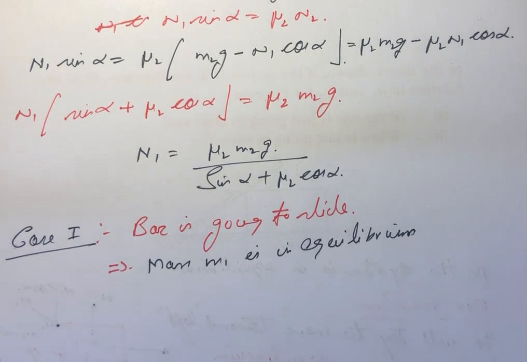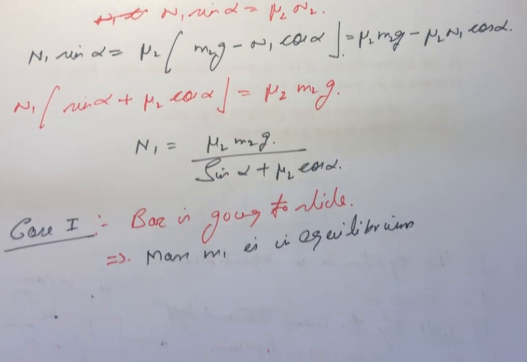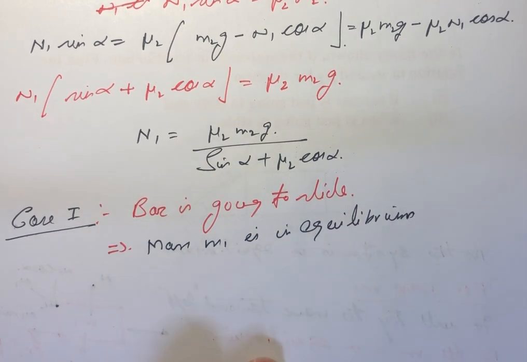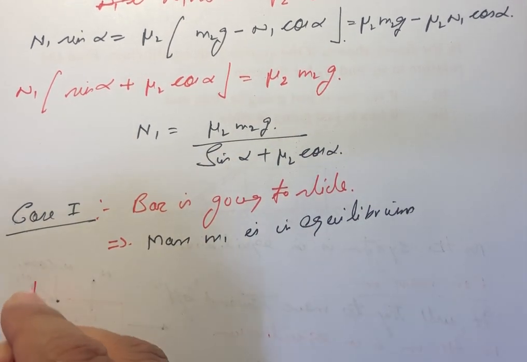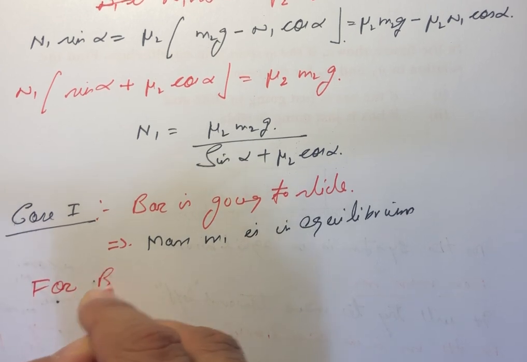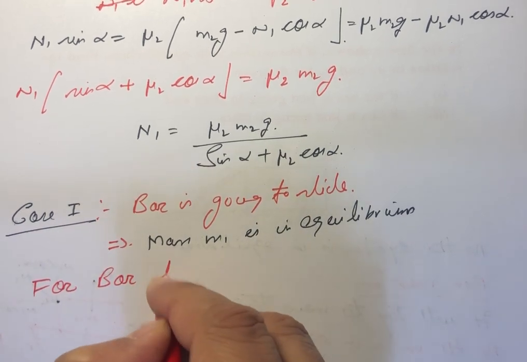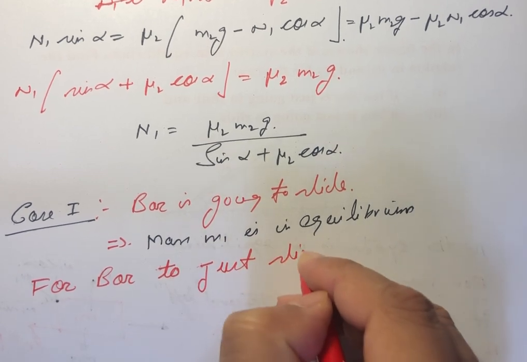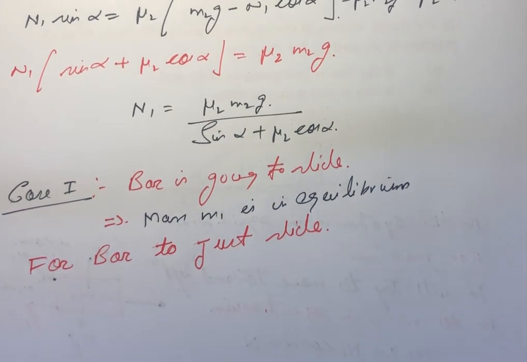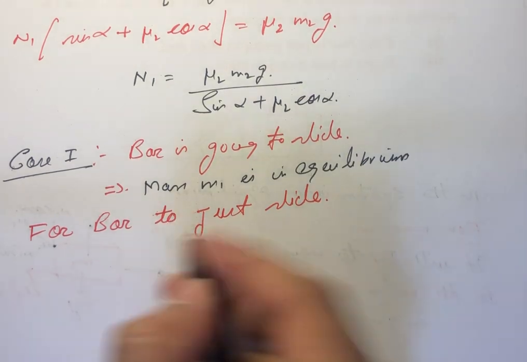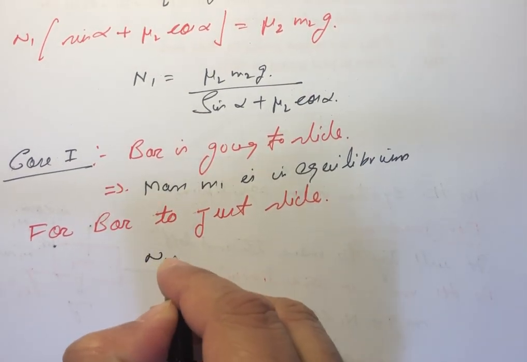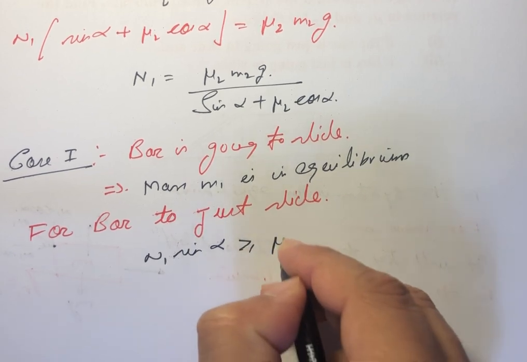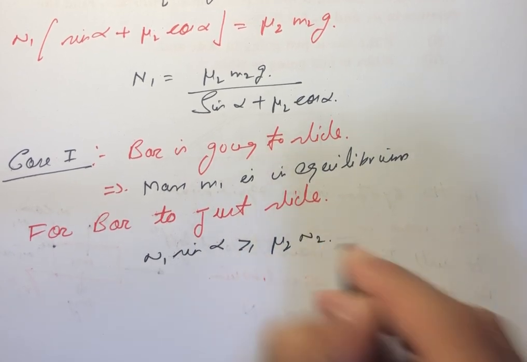So for the condition that the bar should be sliding, you can say for the bar to just slide, our n1 sin alpha should be greater than mu2 n2.